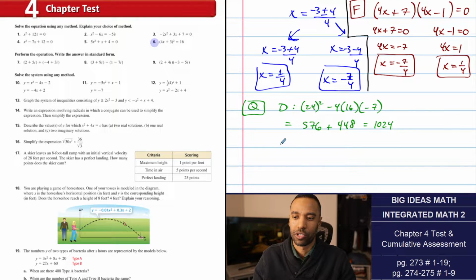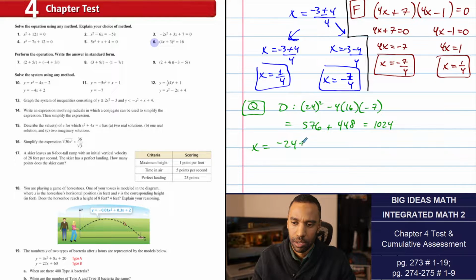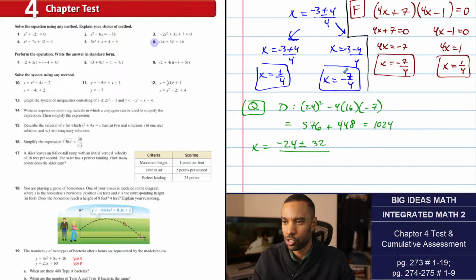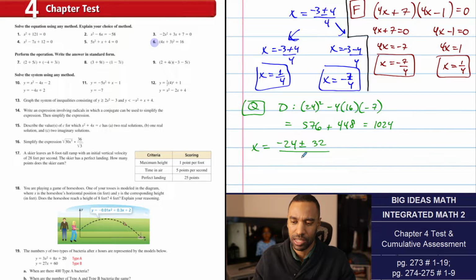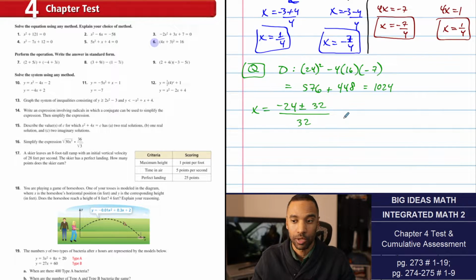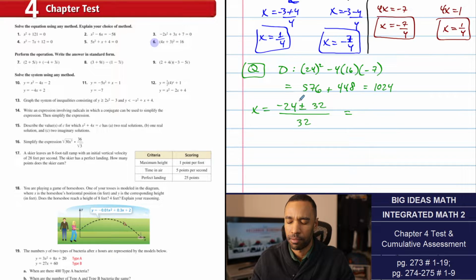So 1,024. So x equals, well, I should know from these. Negative b, so negative 24, plus or minus square root of 1024. I think it's 32. All over 2a. A is 16. So 2a is 32 as well. Once again, these don't cancel. You could reduce everything, but let's first add some things up.